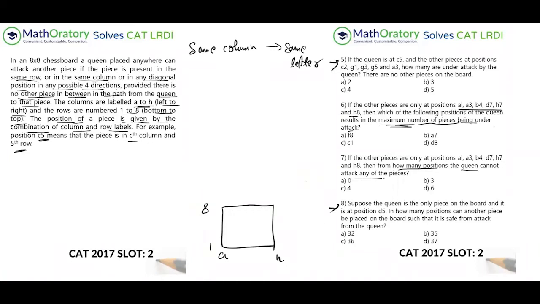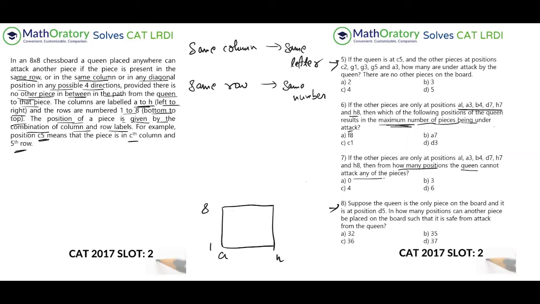Anybody who is in the A column will have the A letter in its position name. So same column is same letter. Similarly, if you have the same row, you will have the same number. So these are very easy ones.